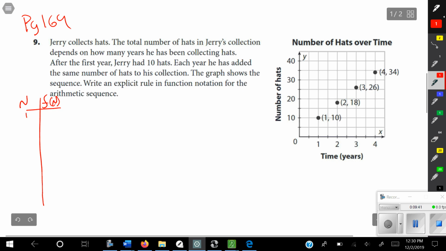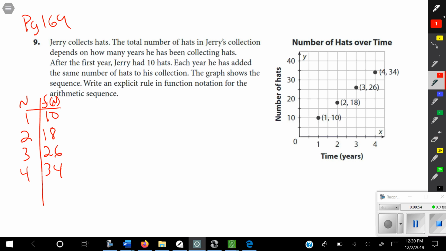So after 1 year, he has 10 hats, 2 years, 18 hats, 3 years, 26 hats, and 4 years, 34 hats. So now I've got the sequence 10, 18, 26, and 34.